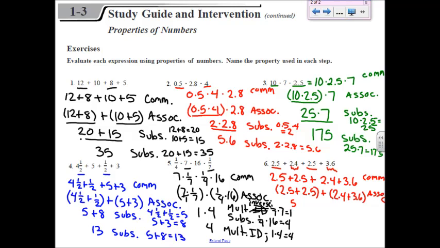And 2.4 plus 3.6, well, the 0.6 from 3.6 would make 2.4 a 3. 3 plus 3 is 6. And that's substitution. And then the last thing, 5 plus 6 is 11, and that is also substitution.